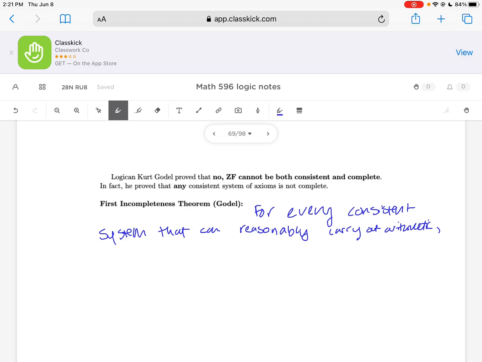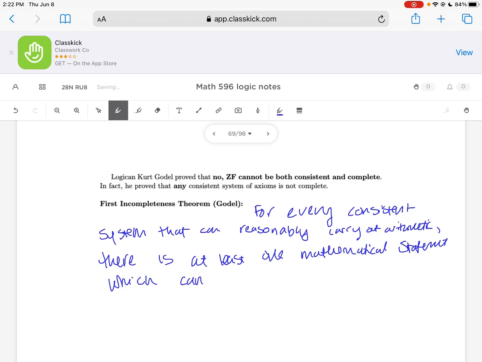He proved that there is at least one mathematical statement which cannot be proven true nor false within the limitations of that axiomatic system.